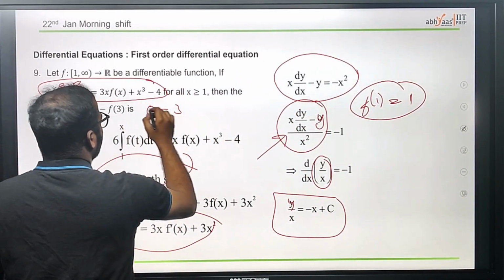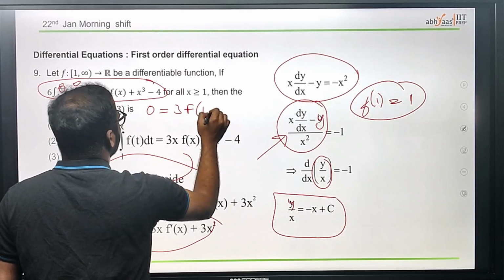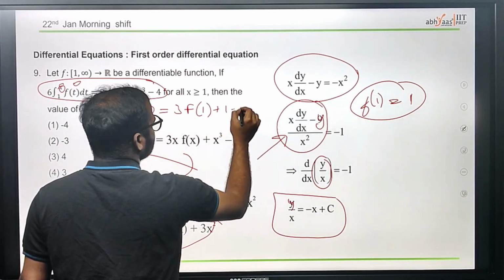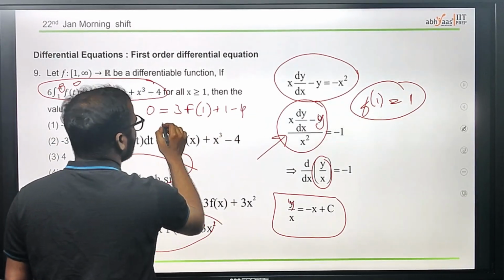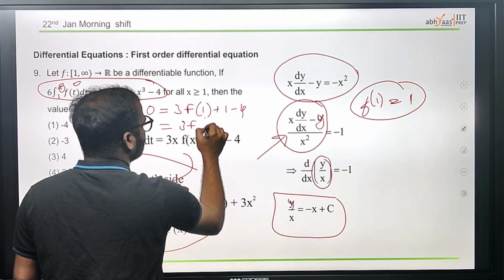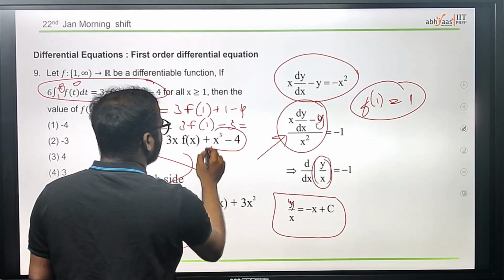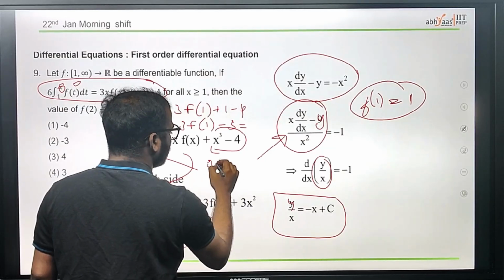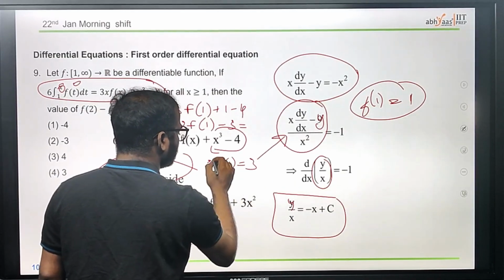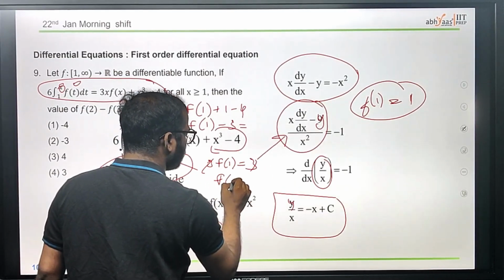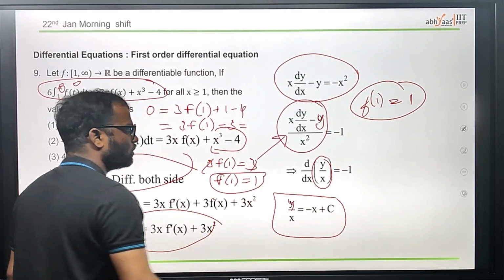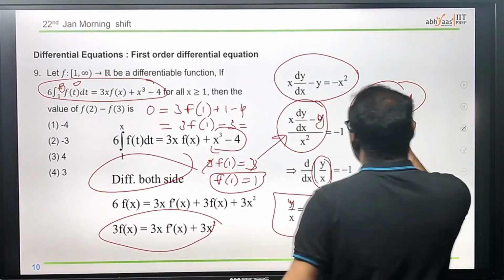Now 3 f of 1 plus 1 minus 4. What do we have? 3 f of 1 minus 3, which is equal to 0. So 3 f of 1 is equal to 3, which is f of 1 is equal to 1. Therefore we got f of 1 as 1.